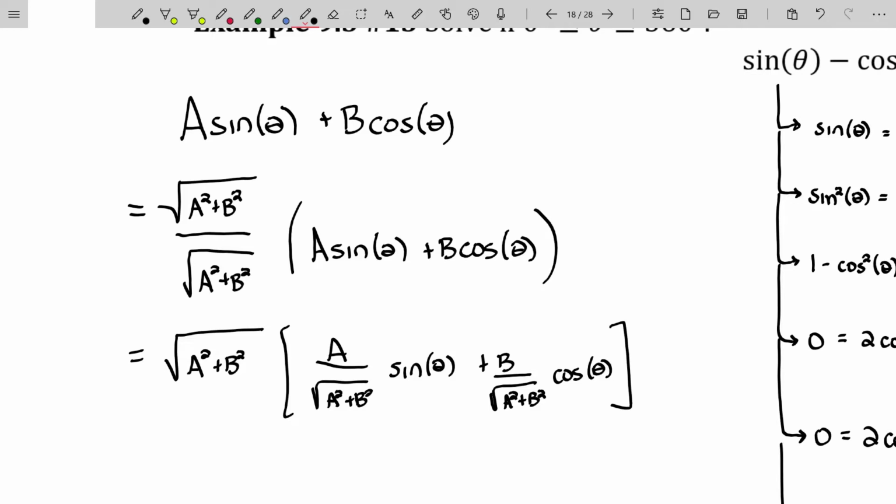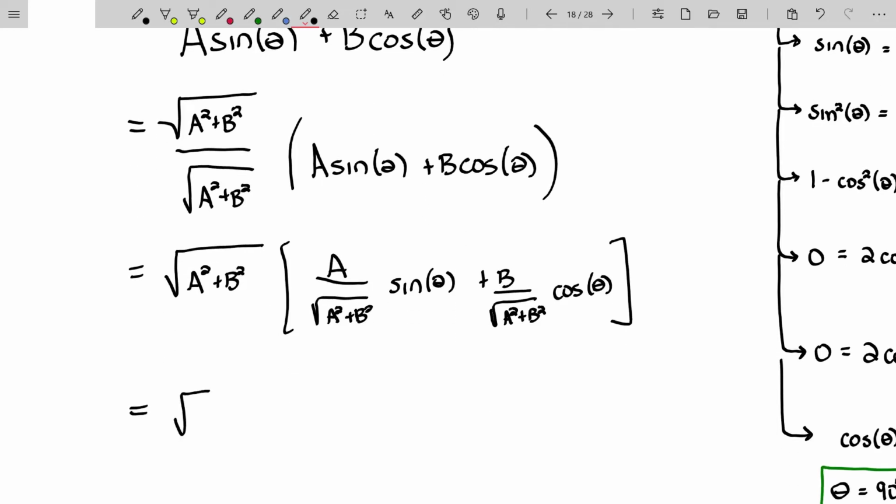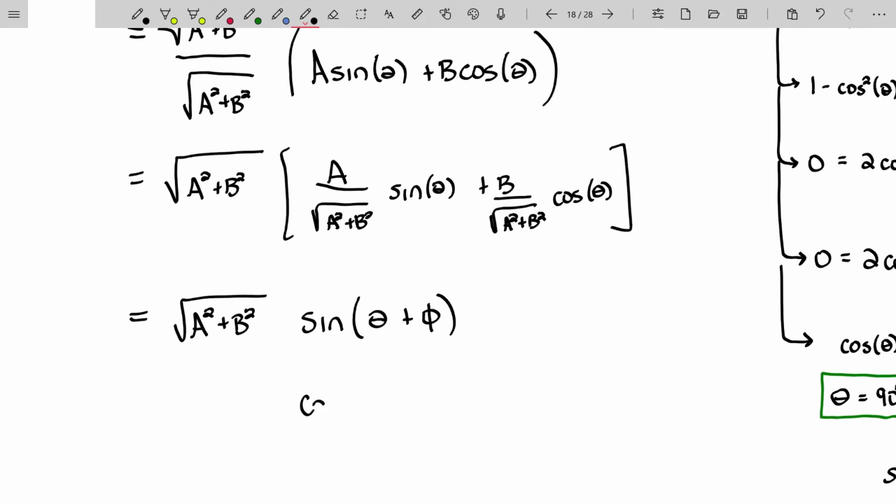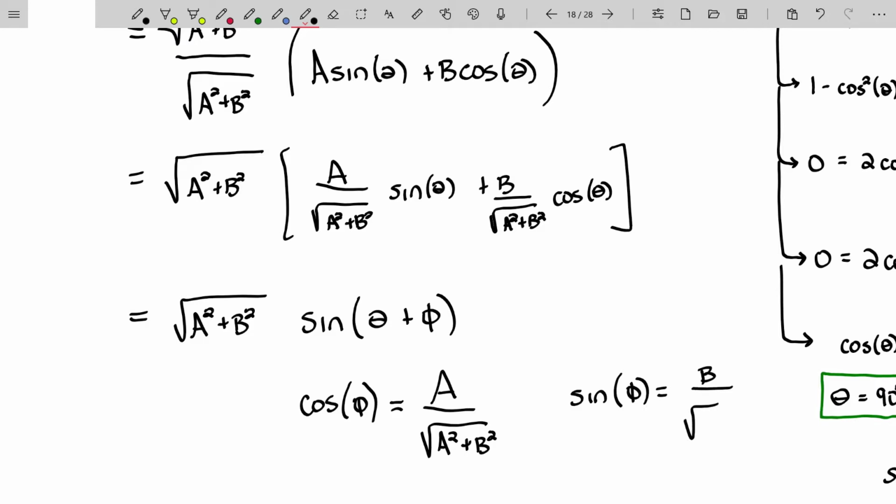But the idea is still there, that you want to normalize those coefficients and then trade this out for the square root of a squared plus b squared times the sine of theta plus phi, where the cosine of phi is a over the square root of a squared plus b squared, and the sine of phi is b over the square root of a squared plus b squared.